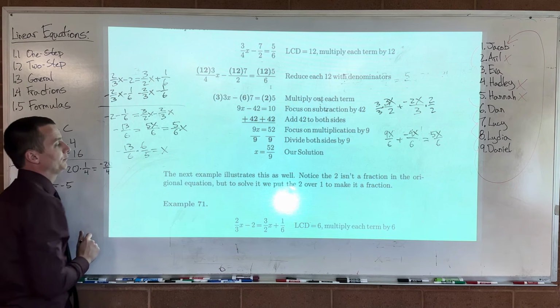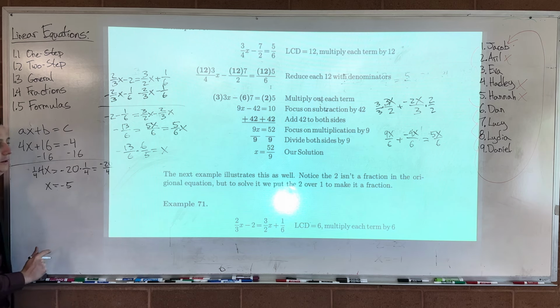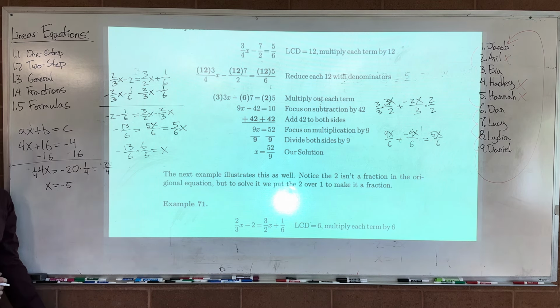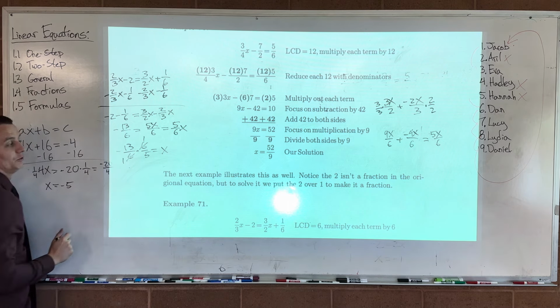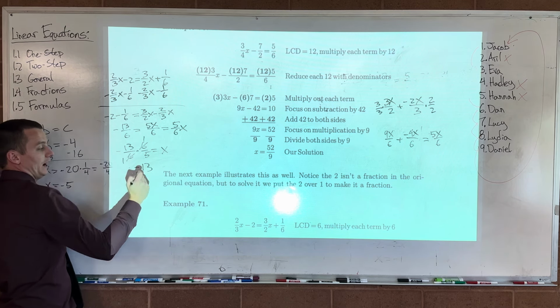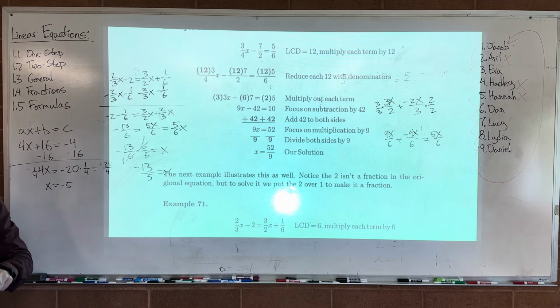Oh, that came out nice. Cross cancel the 6's. So we've got 1 and 1. Negative 13 times 1 is negative 13, over 5. 1 times 5 is 5. So x is equal to negative 13 over 5. You did it.